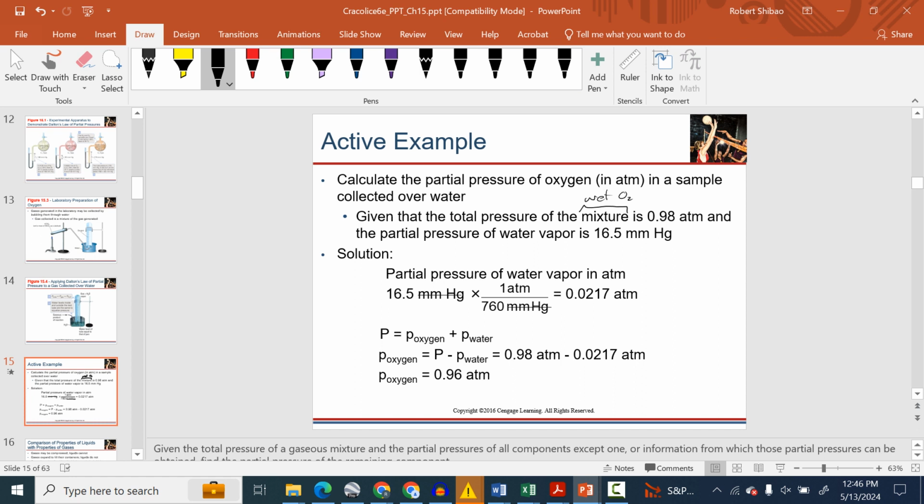This is saturated with humidity. And this oxygen here is going to be called dry oxygen. Wet oxygen is saturated with water vapor, and this is going to be at 100% relative humidity.